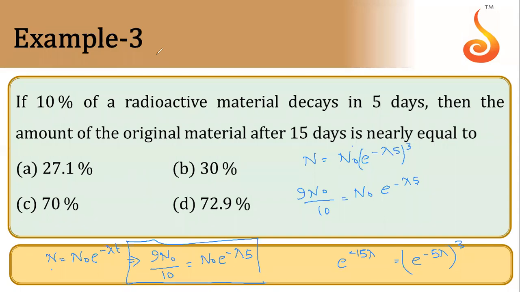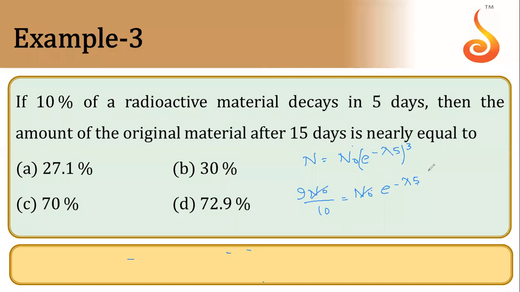Now we are going to divide these two terms. The n naught will get cancelled. E raised to power minus 5 lambda, that power will get cancelled, and it will become a square. So when we divide these two terms, 10 will come in the numerator, and n will be equal to n naught into e raised to power minus 10 into lambda.